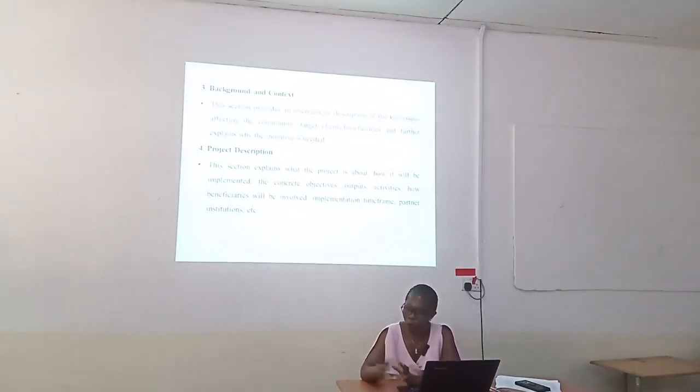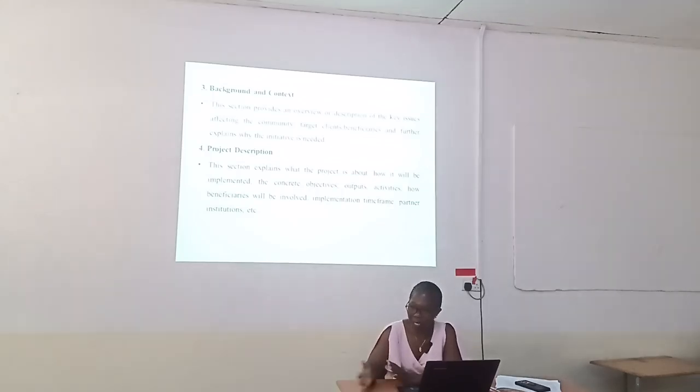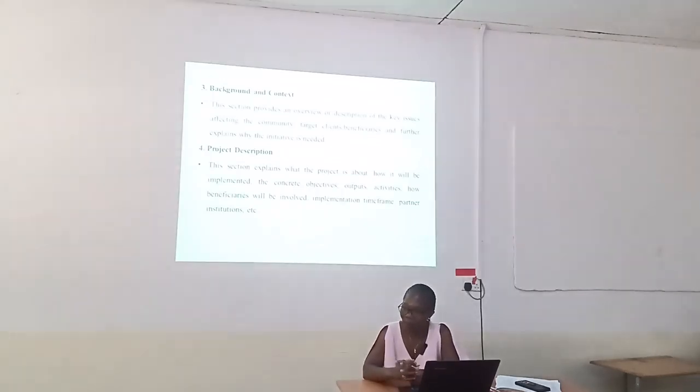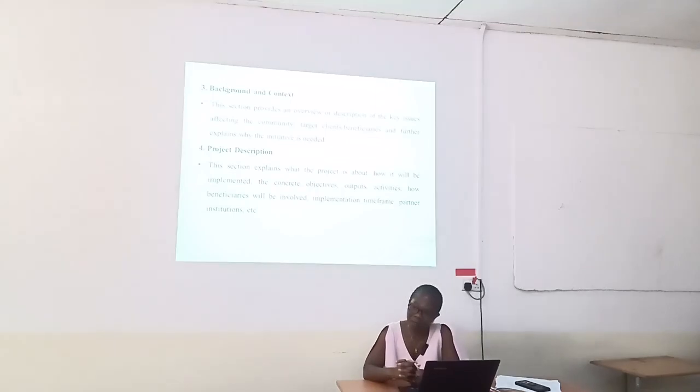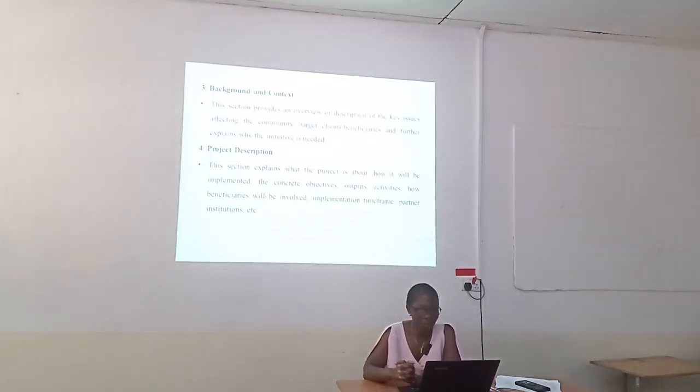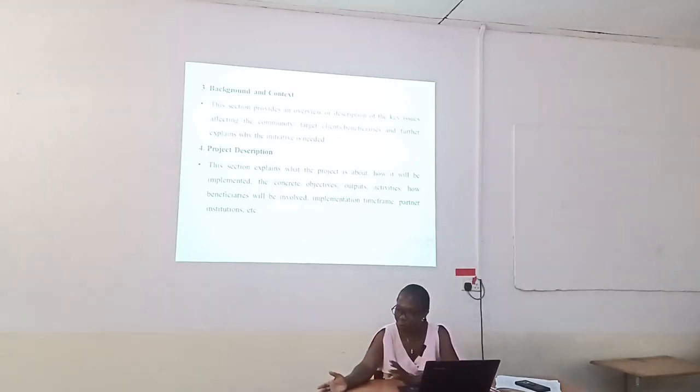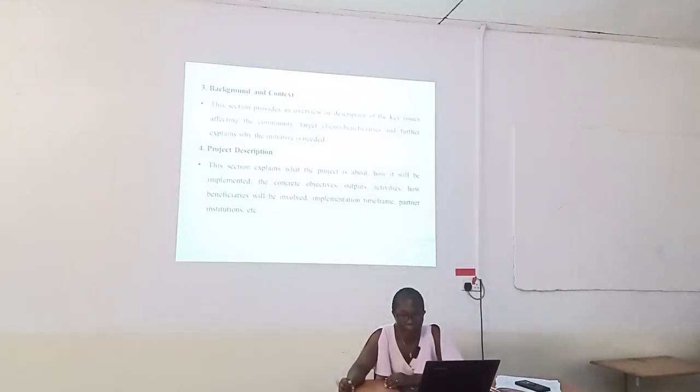How will beneficiaries be involved? You need to make sure they also participate. They need to get involved for them to honor the activity that you are doing for them, to accept it. Implementation time frame, partner institutions, because definitely you're not doing it alone.